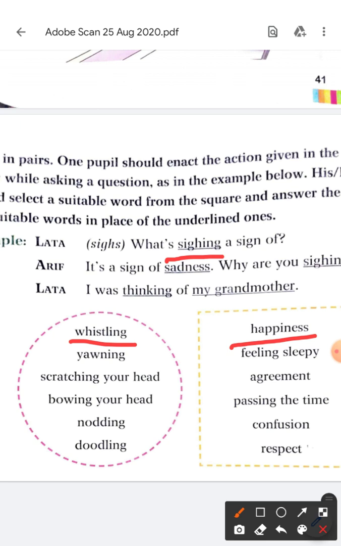What's yawning a sign of? And Lata saying, why whistling? You can be thinking of anything and whistling. Lata saying, I'm thinking about my school picnic. So she's whistling, thinking about it. Next, what's yawning a sign of? Yawning, you know what is yawning? Yawning is a sign of feeling sleepy.